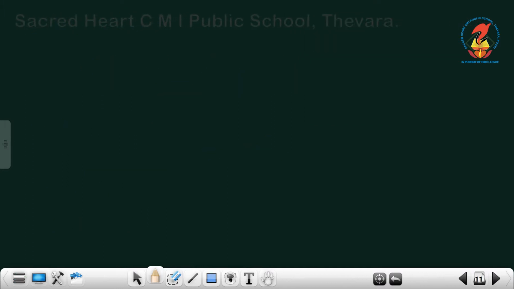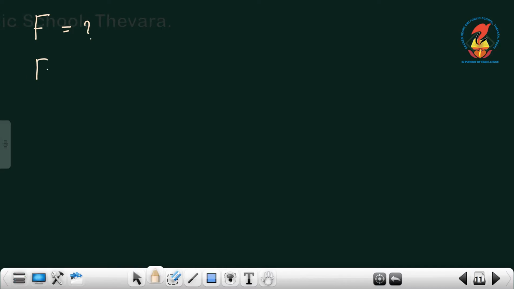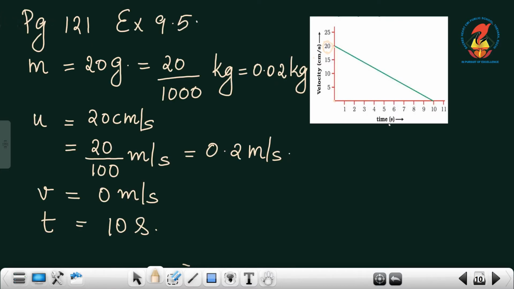Now, the question is to find force, and we know that according to Newton's second law, F is equal to ma. Now, in the question, mass is given but acceleration is not given. Instead of acceleration, u, v and t are given.